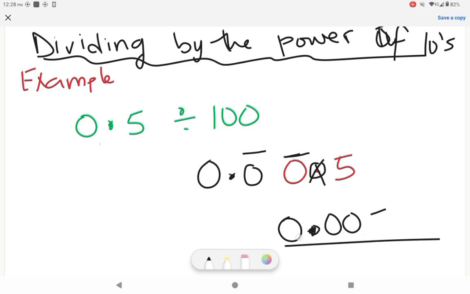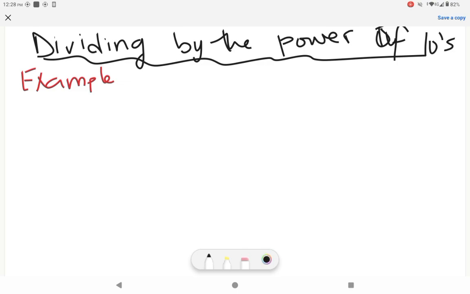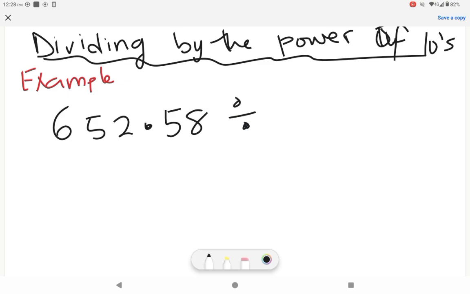All right, another example on that. We have 652.58 divided by 100.